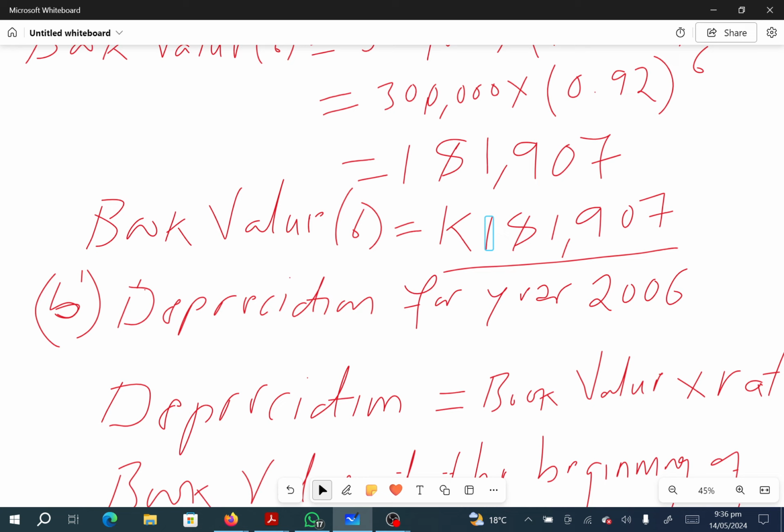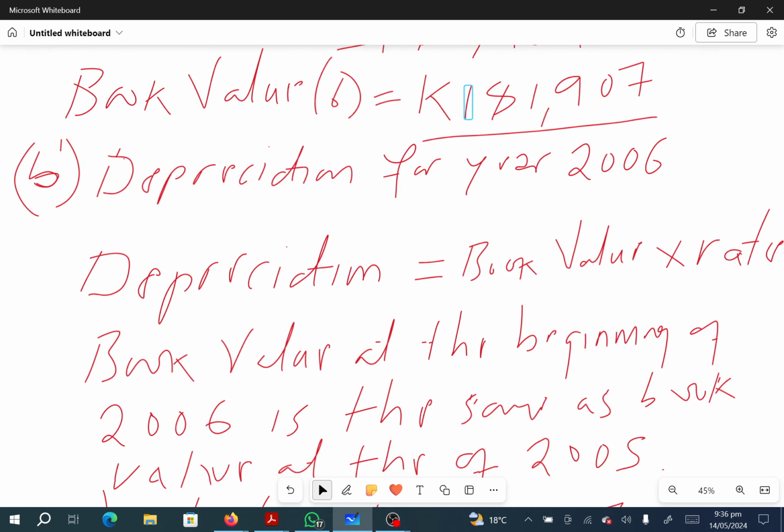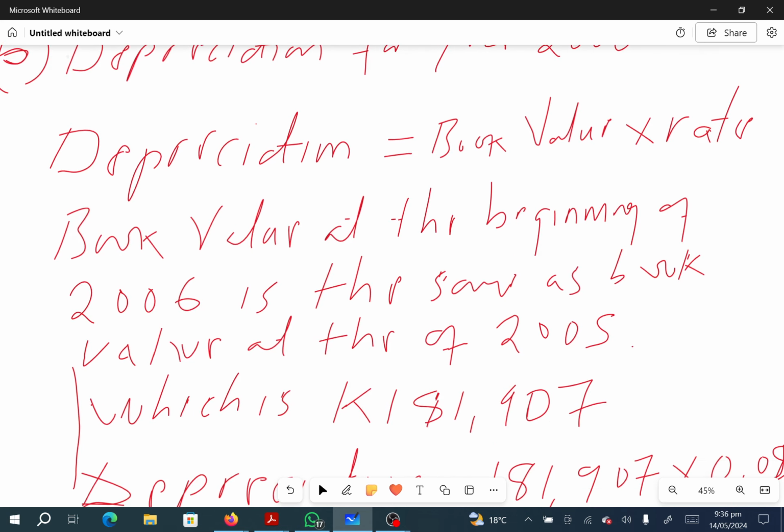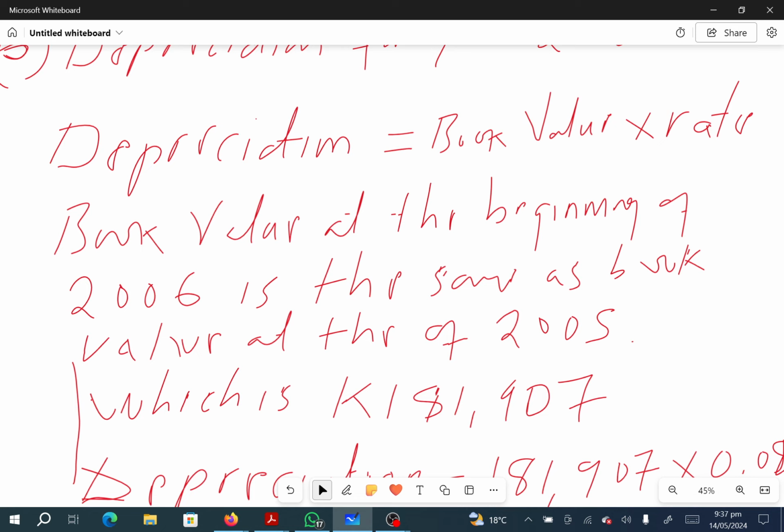So now in the following year, 2006, the book value at the beginning of 2006 is the same as the book value at the end of 2005.